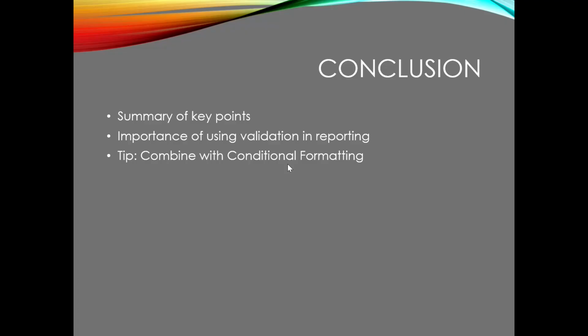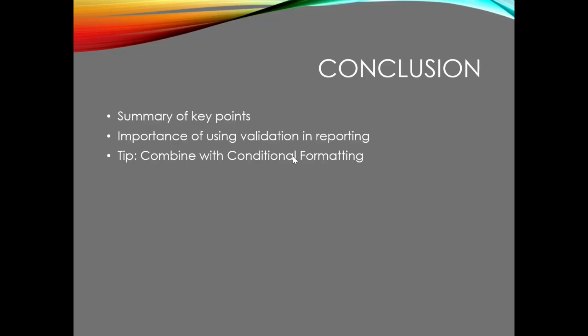Suppose I have one data set and want to implement multiple conditions. For example, employees with salary greater than 50,000 in red color and salary less than 50,000 in green or yellow color. I have only one data set, but I can apply multiple conditions on it. So after data validation, we will see conditional formatting as well.